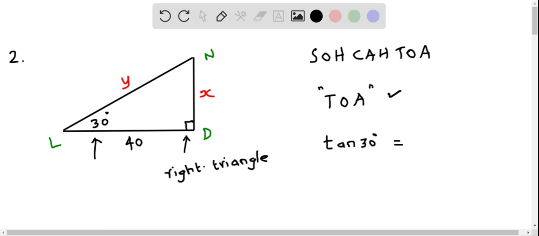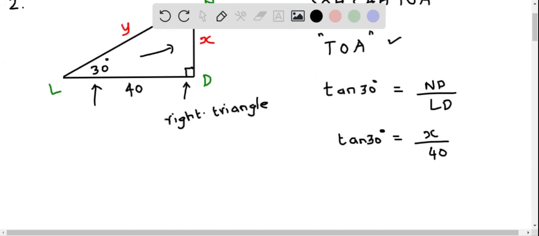The opposite side to angle 30 degrees is ND. So this is the opposite side, and over adjacent side is LD. Now let's replace ND, which is indicated by x, and we know that the leg LD is 40. So we have tangent of 30 equals x over 40.